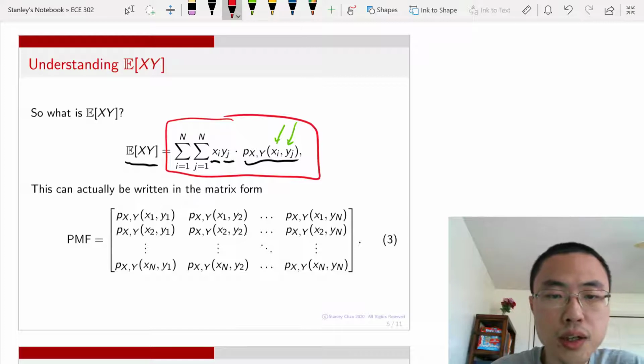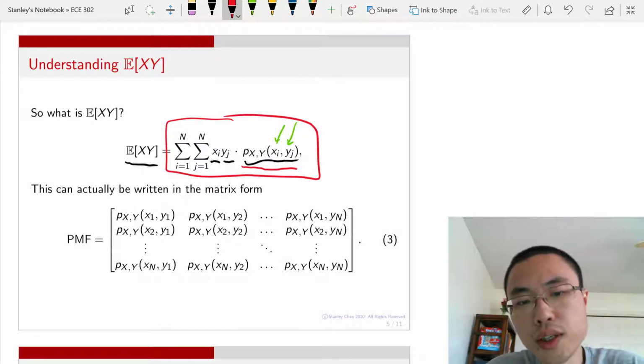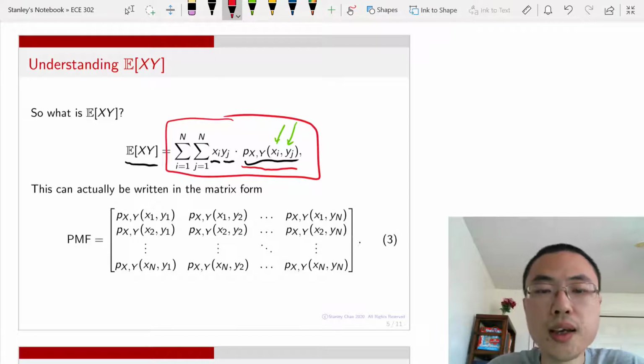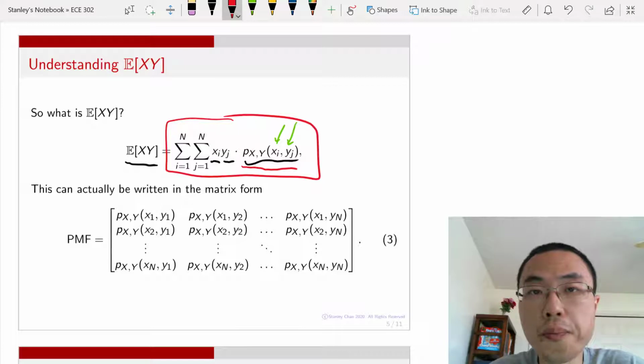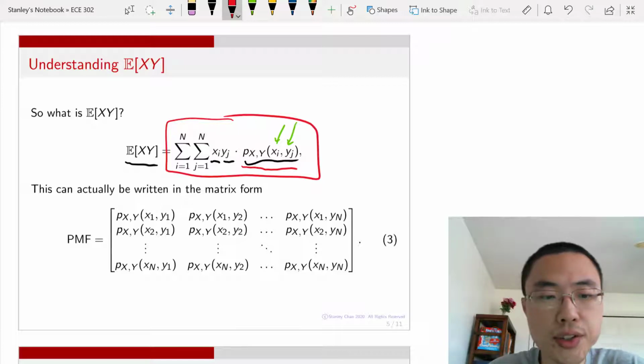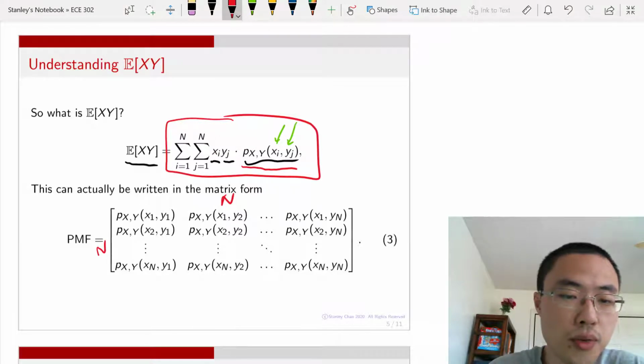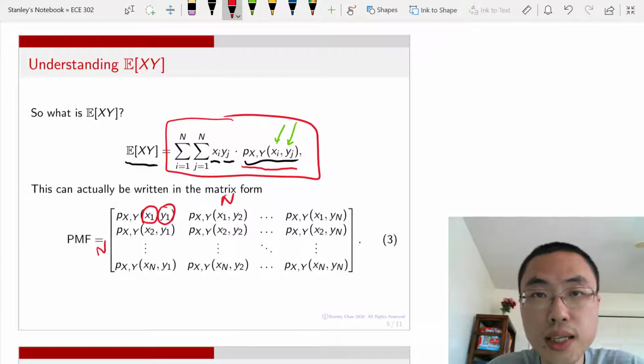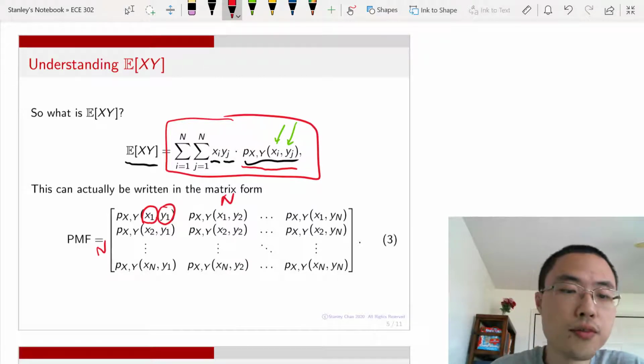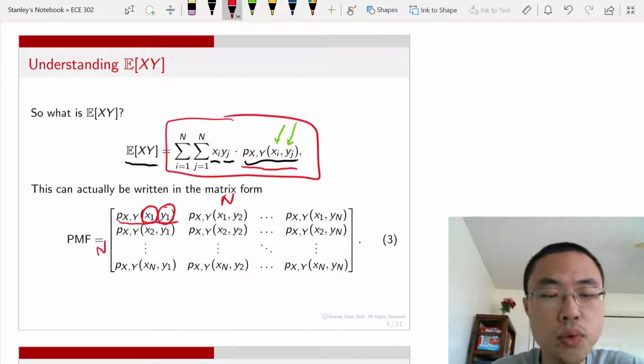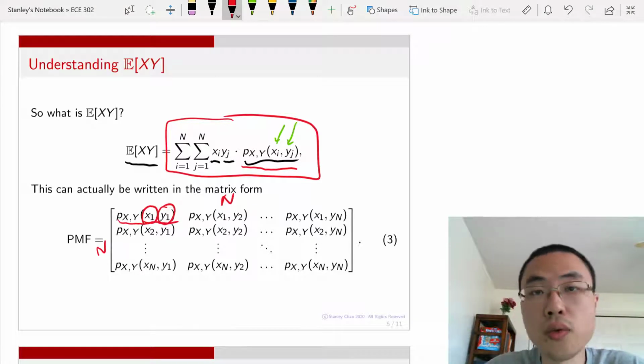So here is the joint PMF, which is a two-dimensional function, and it has n states of X and n states of Y. I can write it as a matrix in this form. You have n rows and n columns. Each entry is indexed by X and Y. For example, the first entry will be PXY evaluated at X1, Y1.